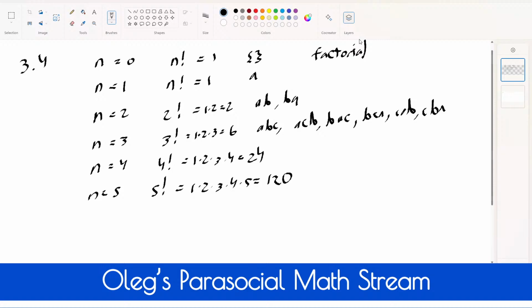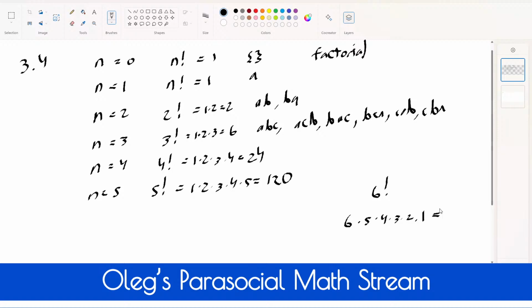The way I generally, when I was first learning it, I would just take whatever number it is, say 6. What is 6 factorial, right? I start with 6, and then I count down times 5, times 4, times 3, times 2, times 1, right? And that's how you do that.